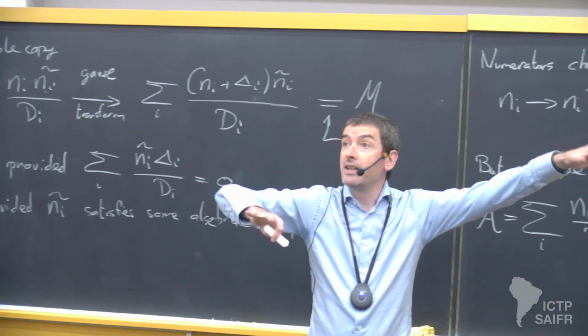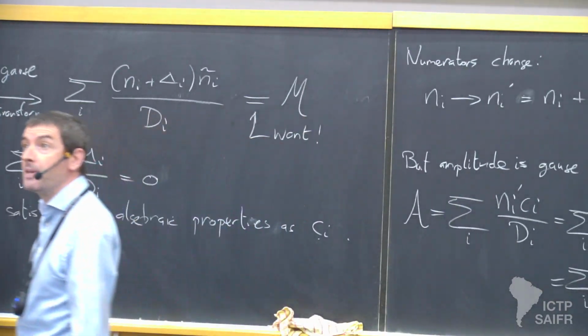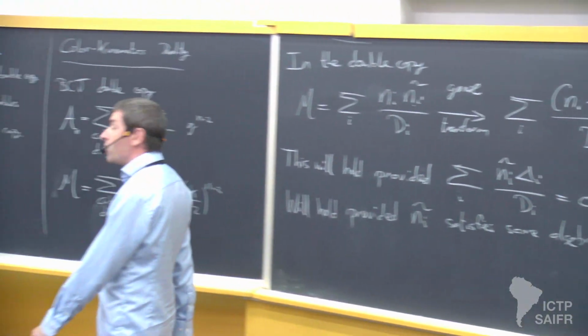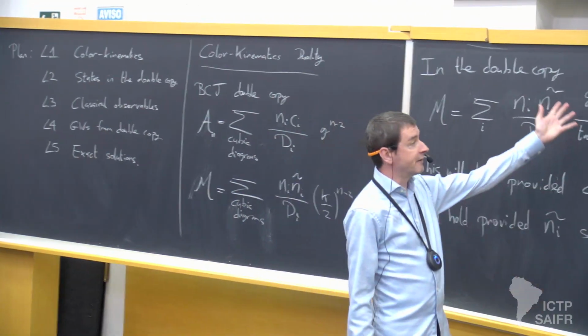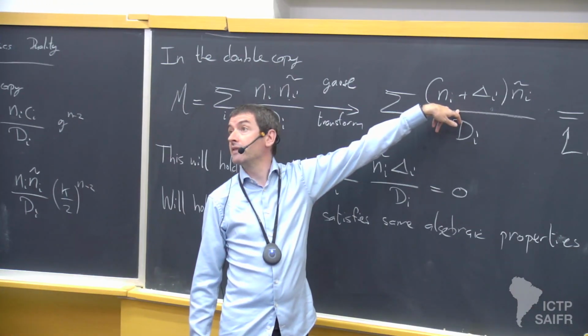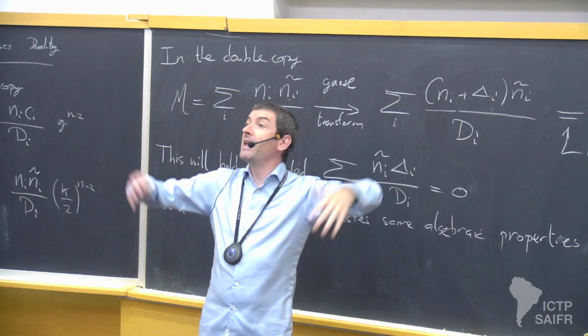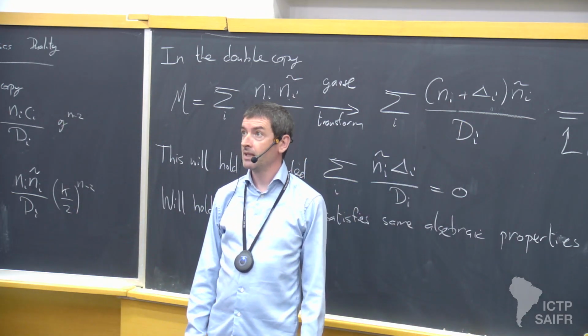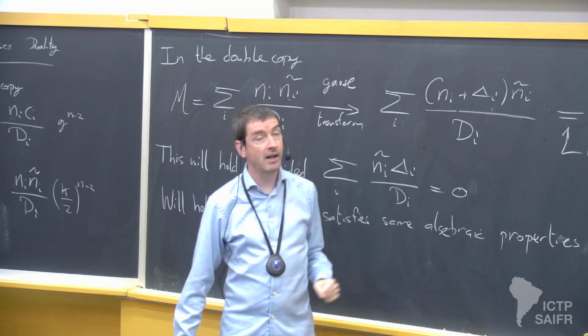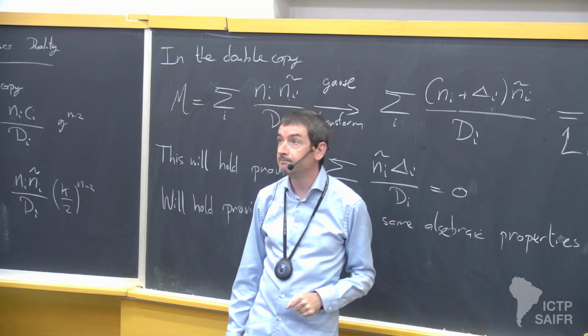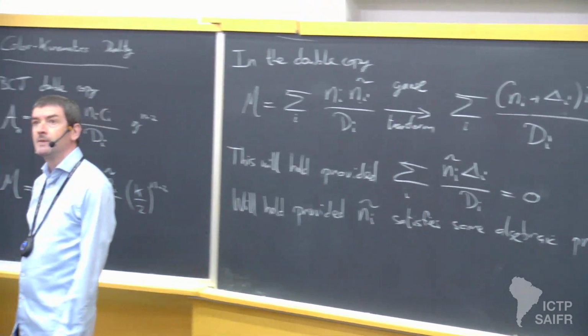So both N_i and Ñ_i satisfy the Jacobi relations independently of one another. Well, then what I can do for the N_i's, for example, is make a gauge transformation like this. Now my new N_i's, the N_i primes, I've messed it up, so they don't have to satisfy the Jacobi relations anymore. That's a good question.